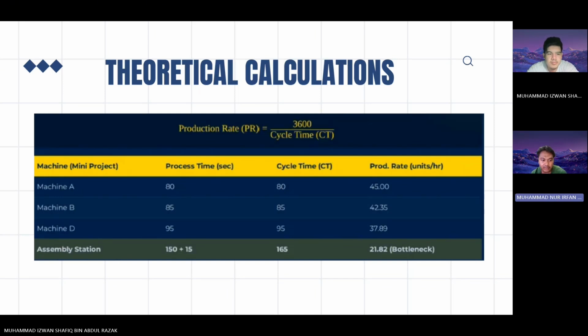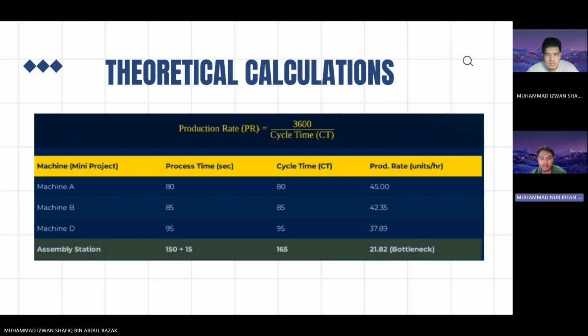For the assembly station, we have 150 plus 15 seconds for the process time. So the cycle times are 80 for machine A, 85 for machine B, 95 for machine D, and 165 for the assembly station.